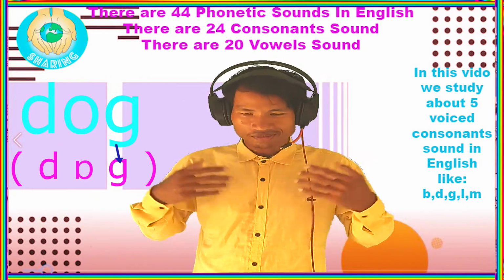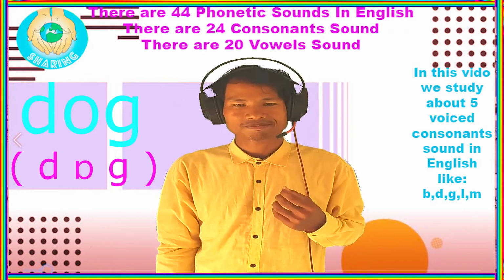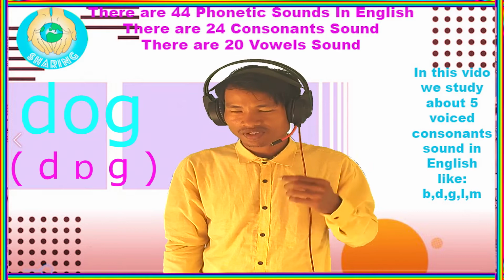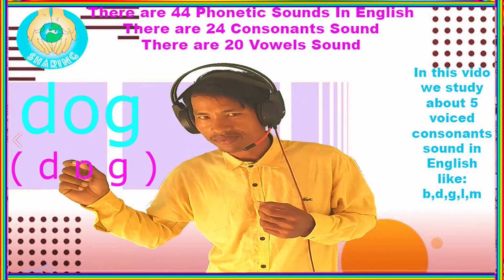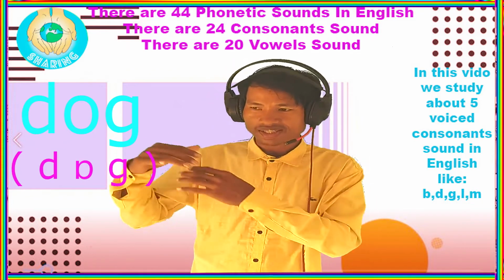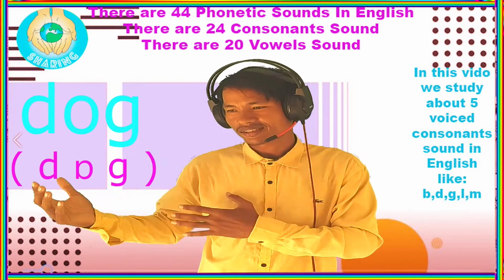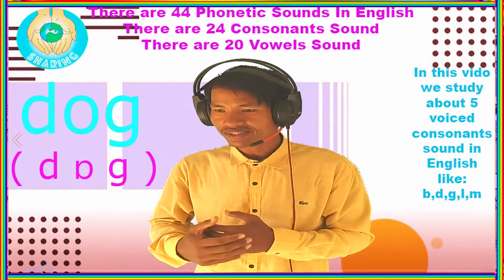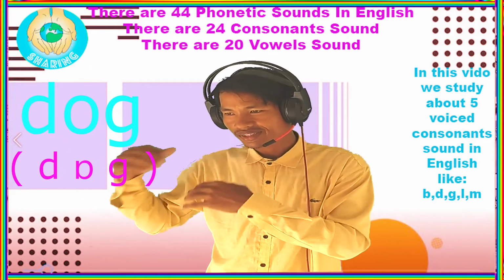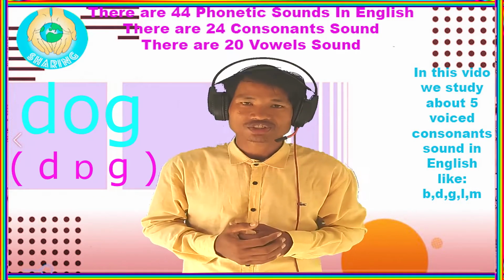How do we know to pronounce dog? Because we know the voiced consonant sounds duh and guh. This word starts with the voiced consonant duh, then a short vowel, and the end is the voiced consonant guh, and then we put this word together and pronounce dog.